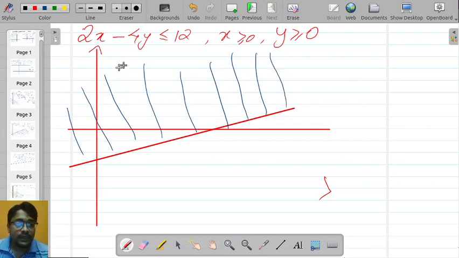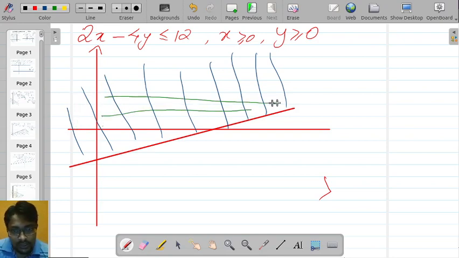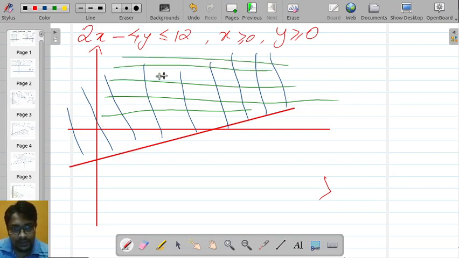Okay, but here we have two more inequations, x greater than or equal to 0. So x greater than or equal to 0 is represented only in this region, right? Sorry for that, x greater than or equal to 0 is represented in this region. Okay, this side, the right side of y-axis, right?